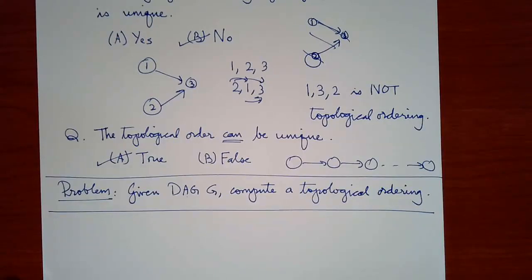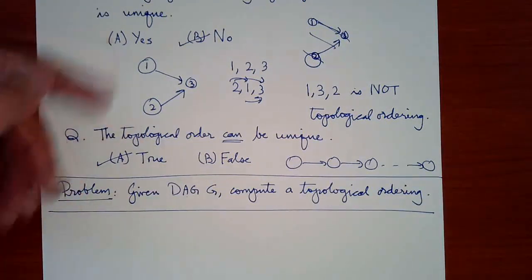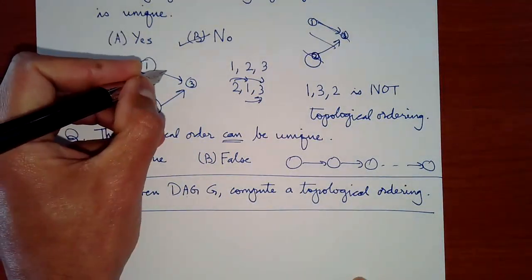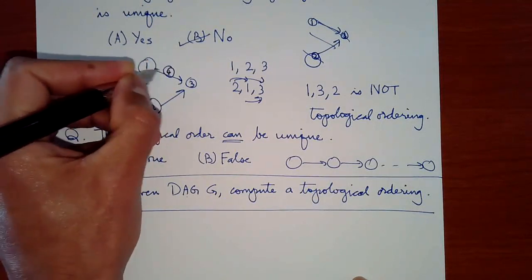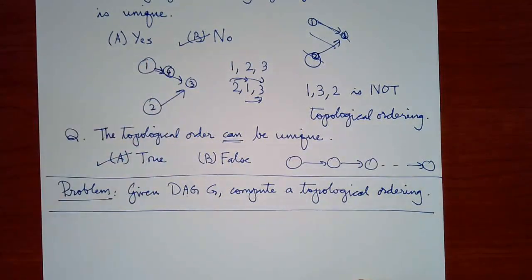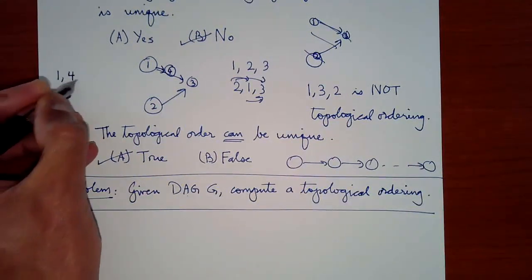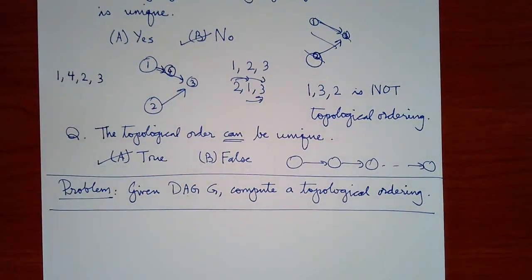So essentially, when are sets interchangeable? They're interchangeable when you don't have paths between those vertices. There's no interdependence. But you have to be careful because, for example, what if you did this? Suppose there was another vertex here, 4. And I ordered it 1, 4, 2, and 3.